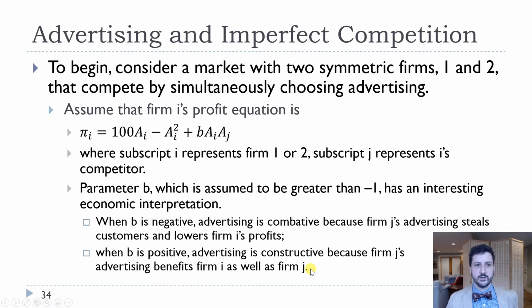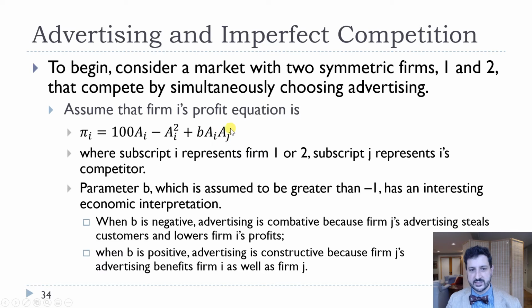So here's one example. We're going to have profits with 2 firms now, and we want to think about how advertising by firm 1 and firm 2 affects their individual sales, but also overall sales. So this is an oligopoly type situation, and our profit function here is 100 A_i minus A_i squared plus B A_i A_j.